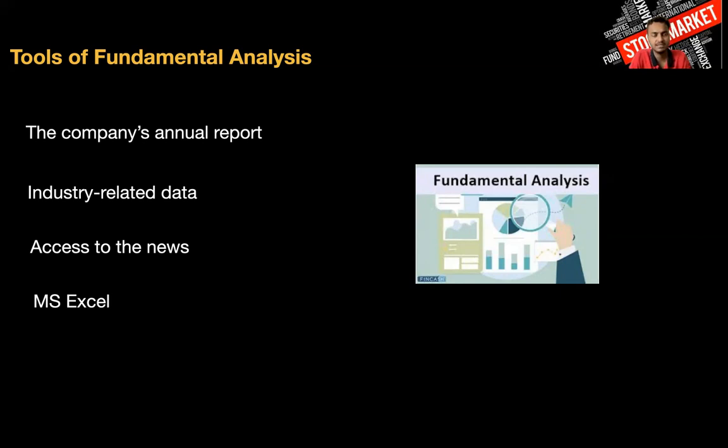Suppose a company is having new investors coming in, that's very positive news. And if we see company directors changing, it might be positive or negative. That news is also a very important factor. Another tool is MS Excel, which we could use for analyzing sales or profits of the companies each year.